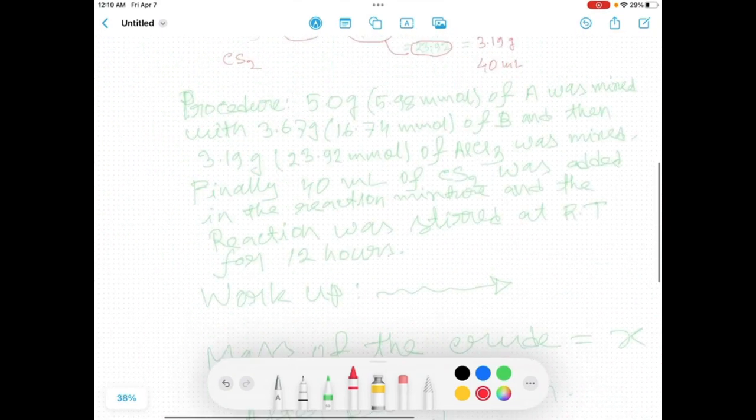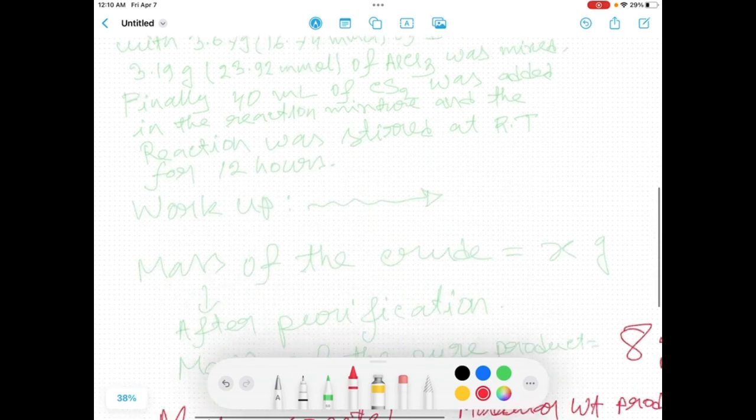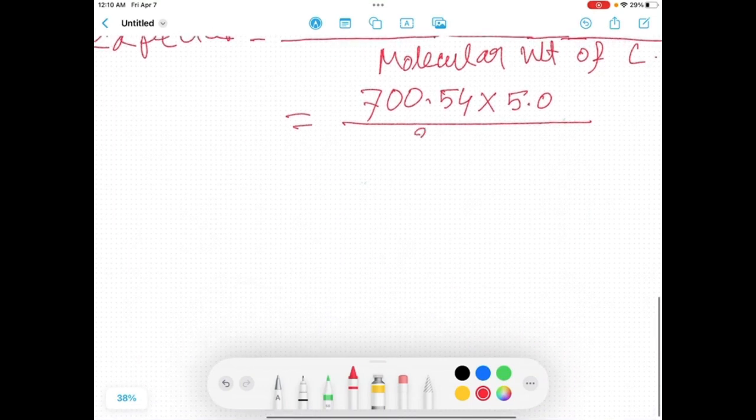A was the limiting reagent, so the molecular weight of the limiting reagent is 334.54. So you can find the amount, and that will be your mass expected.